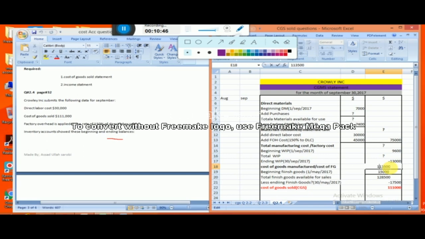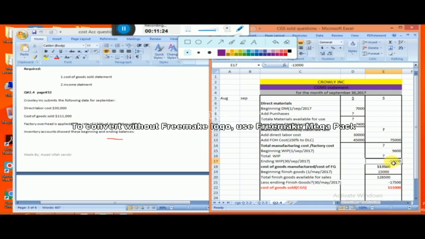So 1,13,500. If we add 1,13,500 plus 15,000, it is equal to 1,28,500. Now this is our cost of goods manufactured, which means that we produced finished goods worth 1,13,500.